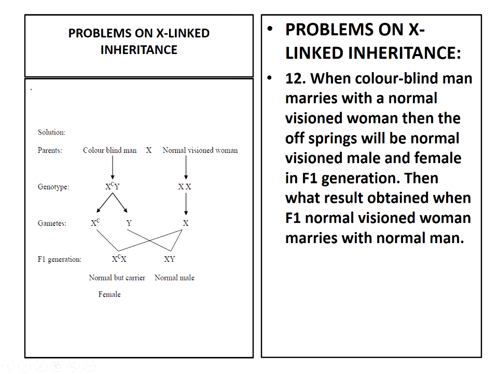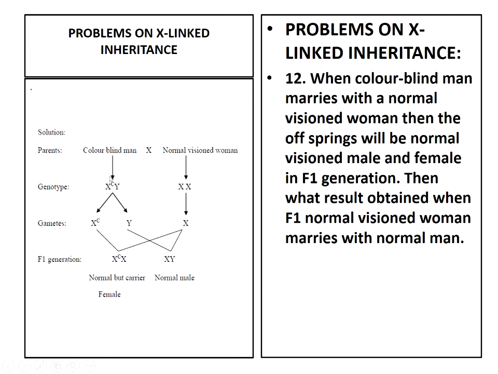In the solution you can observe that when a color blind man marries a normal visioned woman, the offspring will be normal visioned male and also normal female.